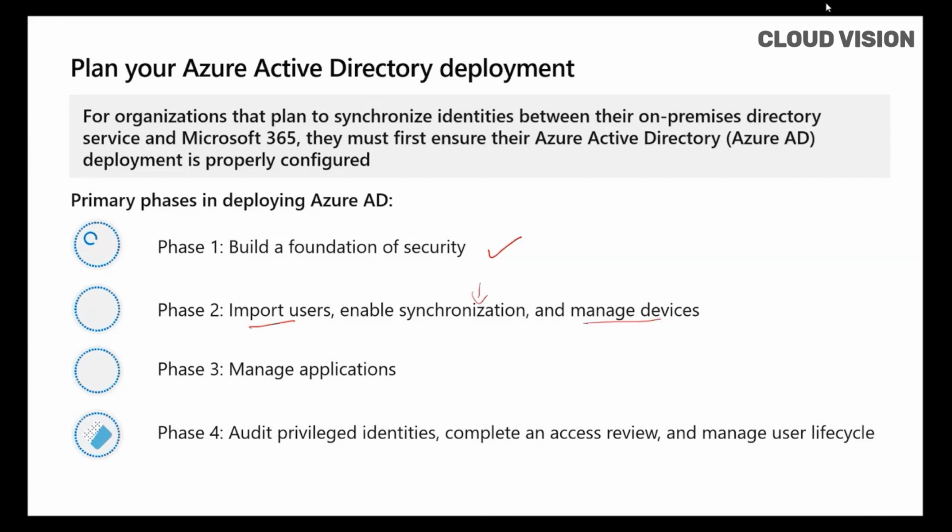Phase three is where you start managing your cloud applications with the help of Defender for Cloud Apps. And phase four is where you start using some of the identity governance solutions that Microsoft offers, such as privileged identity management, access reviews, entitlement management, and so on.